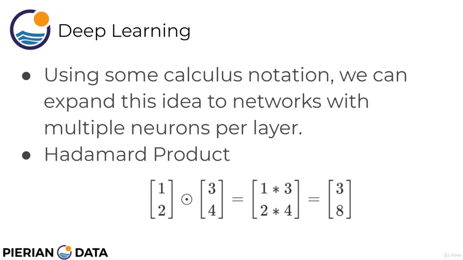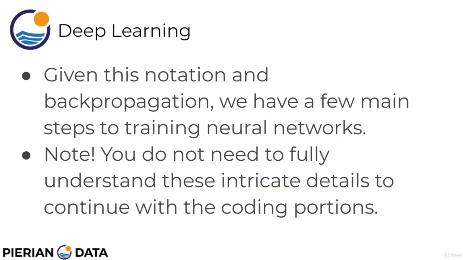So again, the Hadamard product, that little dot notation that looks a little bit like a hydrogen symbol, basically just means do an element by element multiplication. And that means that the two matrices should be the exact same size, which makes sense because that's going to match up for things like weights and biases.